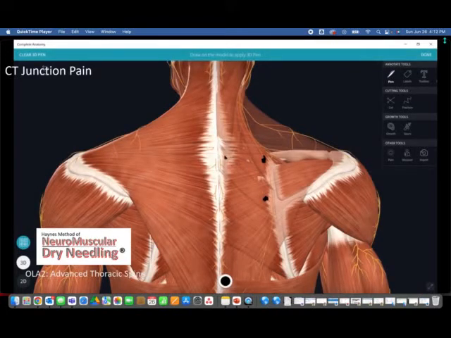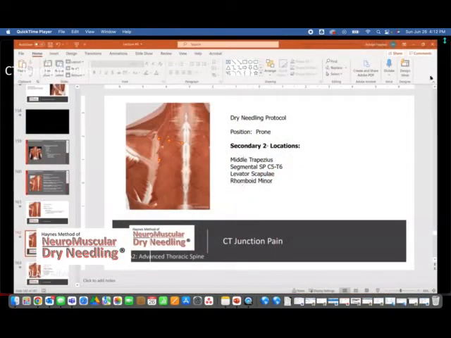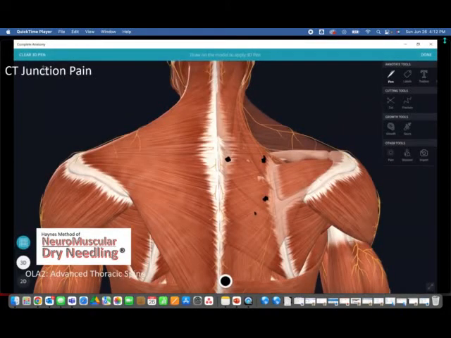Serratus posterior superior, we'll catch right off the spinous process, and levator scap. Oh, the middle trap, that's right. And then the middle trap, which we will catch right in here, right around the spine of the scapula.